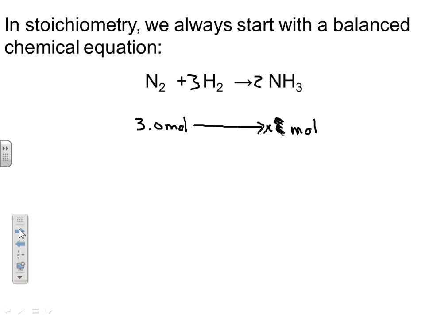Now, this is quite straightforward to set up this particular equation. Again, I need to think in terms of, I have to be careful, because I have to have the X on the top. I have to start with this, because I want to find X over 3.